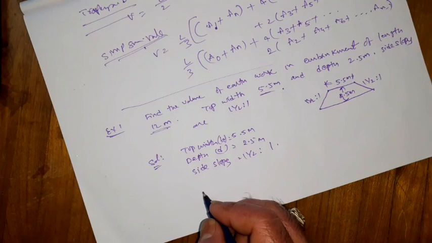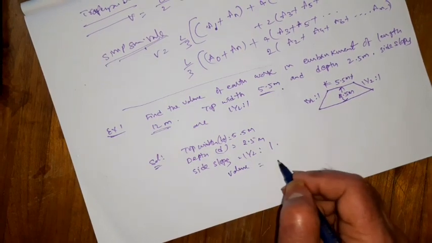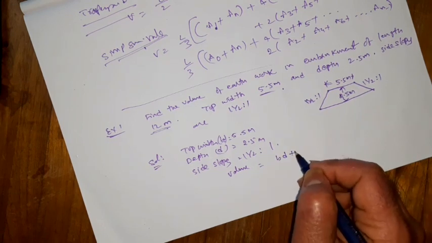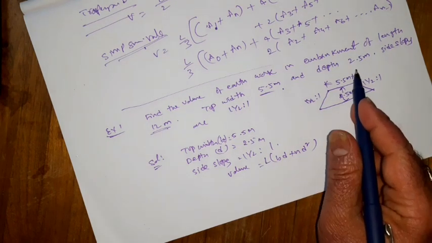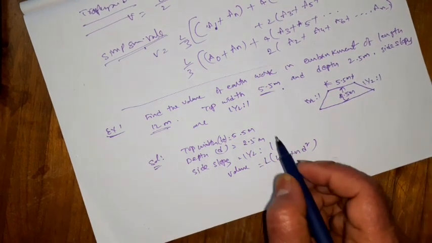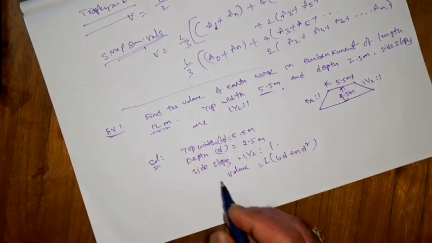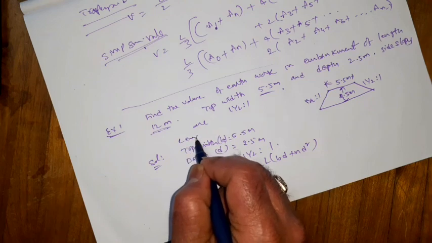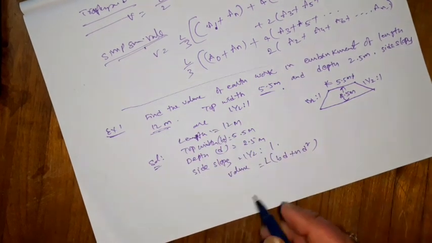Then the volume, a simple formula: V equals (B D plus n D square) into the given length L. L is given as 12 meters. I think we have not written that. Length is 12 meters.